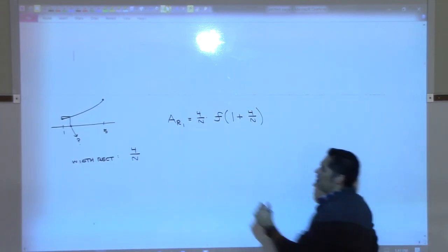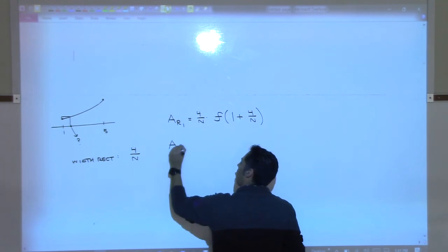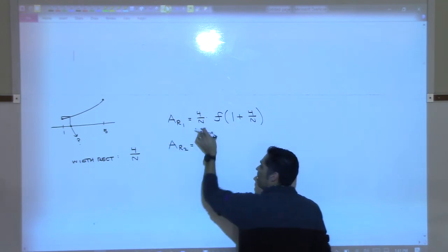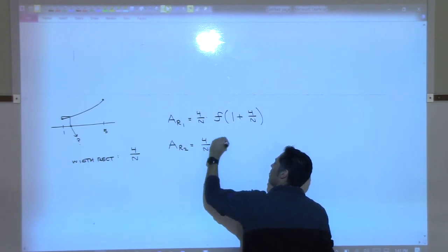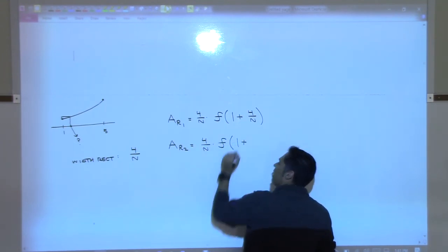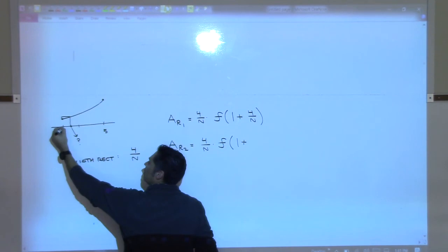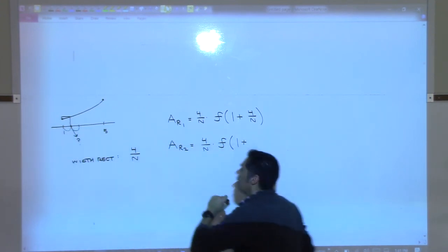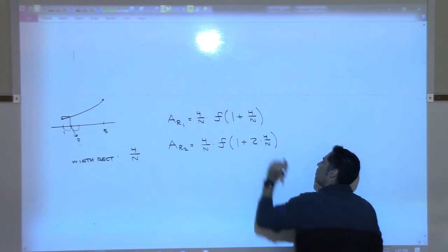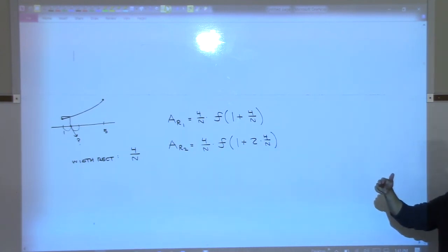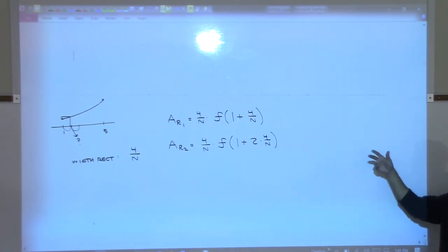What would the area of the second rectangle be? Well, how wide is it? Still 4 over n times f of 1 plus, now this time we're going to jump how many? 2 of those 4 over n's. And then the next one should be that plus 3 of those jumps.